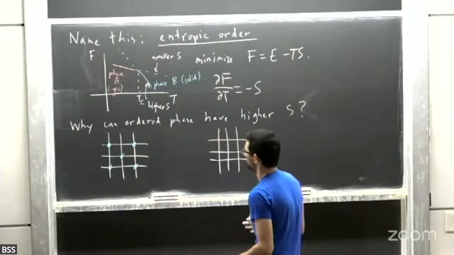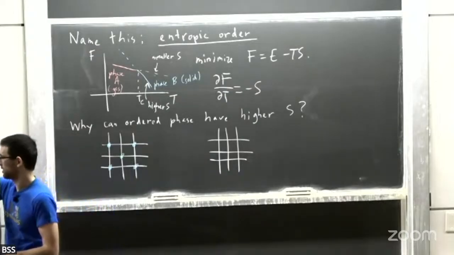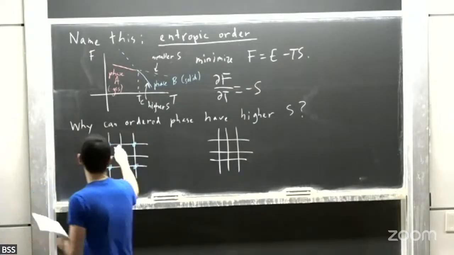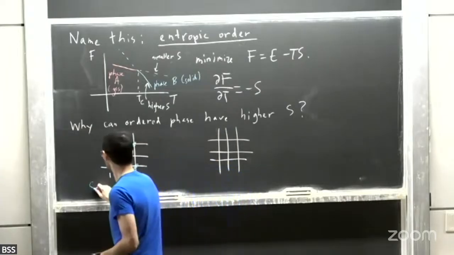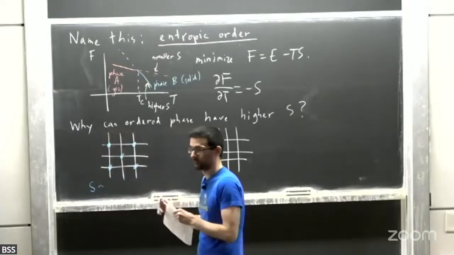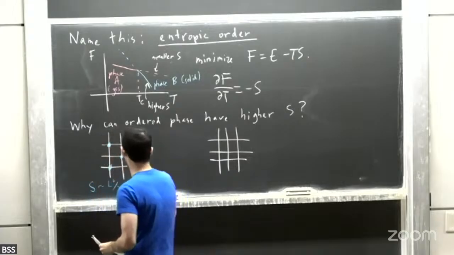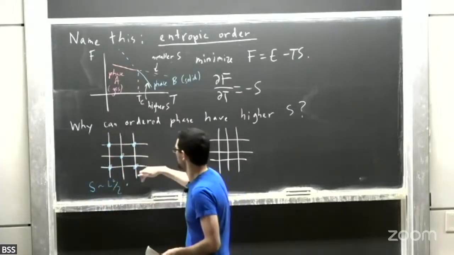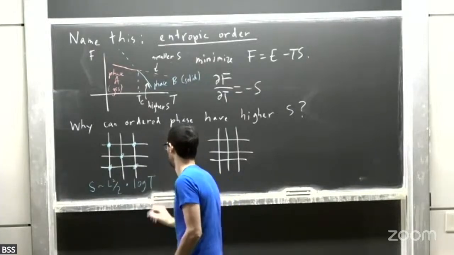And we've seen that in this solid phase, being slightly idealistic, only every other site on the square lattice is occupied. So the entropy is basically the number of particles on each occupied site. So it's L squared over 2, the number of occupied sites, times the number of configurations that are accessible, which is log T.